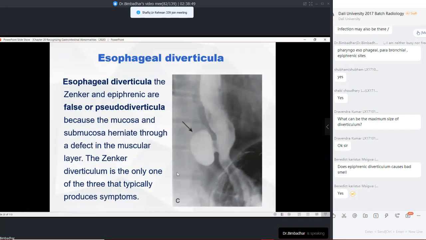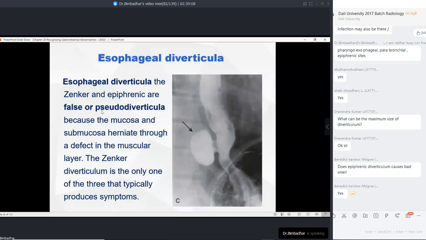Esophageal diverticula, or the Zenker's diverticulum, are false diverticula because the mucosa and the submucosa herniate through a defect in the muscular layer. That's what we were talking about. It is called Killian's dehiscence. That's the reason Zenker's diverticulum is called a pseudo diverticulum.